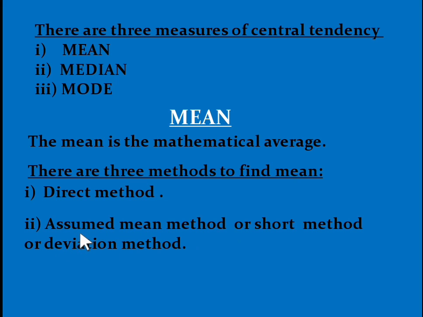Number 2 assumed mean method or short method or deviation method. Number 3 step deviation method. So we will find mean by direct method. In the next video I'll teach you how to find mean by assumed mean method and step deviation method.